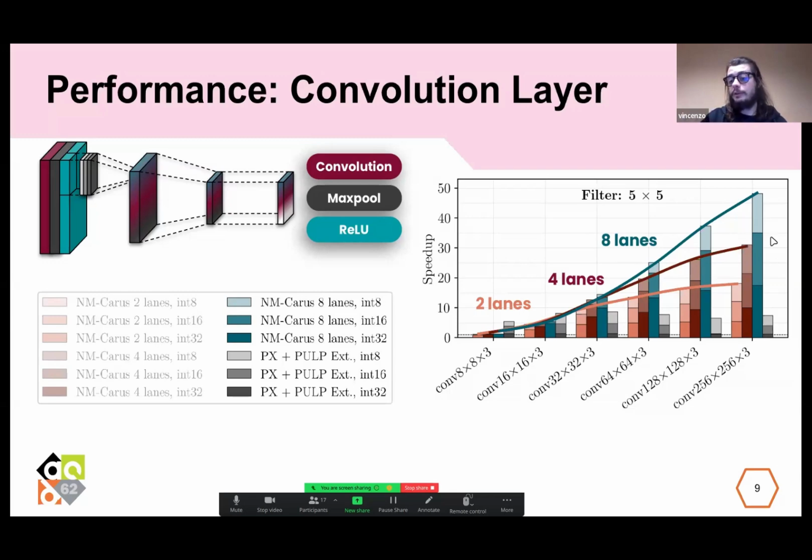Also, we obtain very high speedups, both compared to the RISC-V core and to the standard CPU baseline. The speedup achieves up to 50 times for this workload. Going to a lower bit width in computation means, of course, more throughput, because we can compute 2 or 4 times more data than in standard int32 workloads.